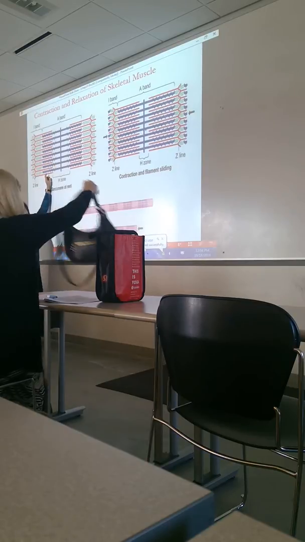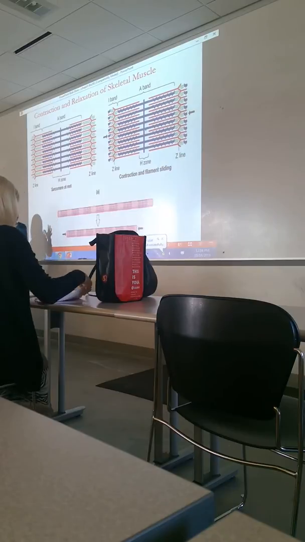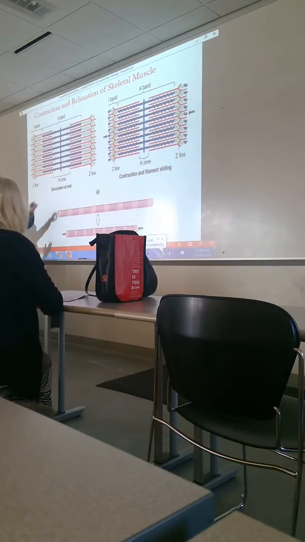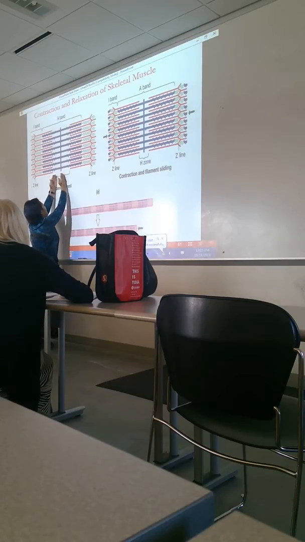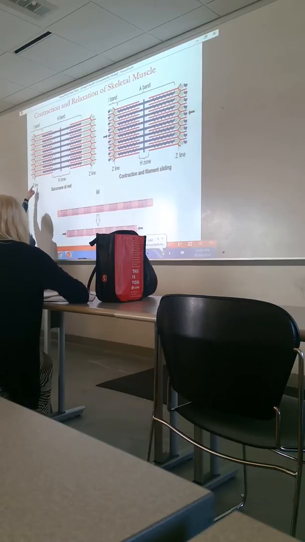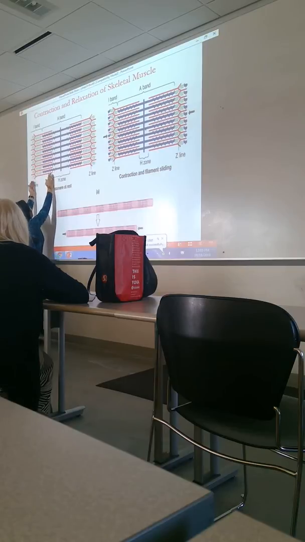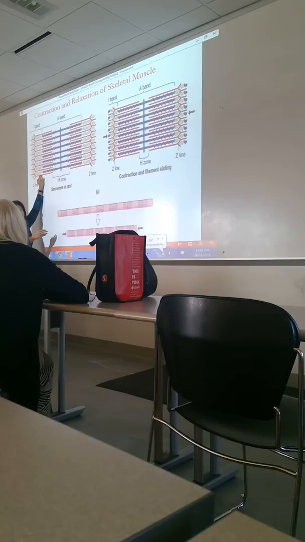Actin and myosin don't change, they don't shorten, number one, and number two, the myosin is the one that pulls this to the center. So you can answer, what happens to this zone? Well, it decreases. Very easy, right? What happens to this I band? When this gets pulled, it also decreases, right? Okay?